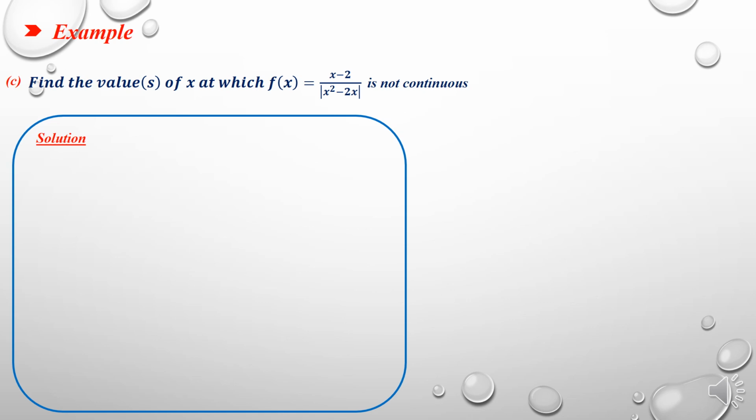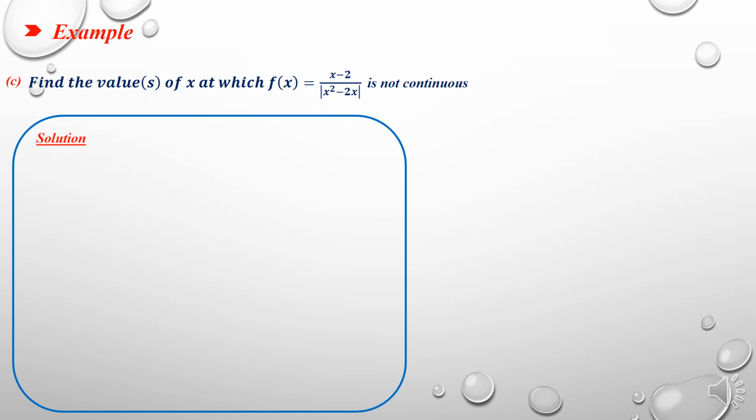Okay, we have an absolute value, but no need to redefine the function without absolute value notation. Here the question is find the values of x at which f of x is not continuous. So this is the same as find the domain, or find the excluded values for the given function.